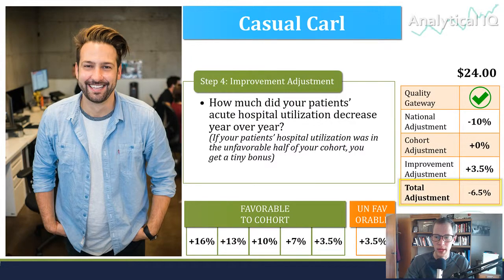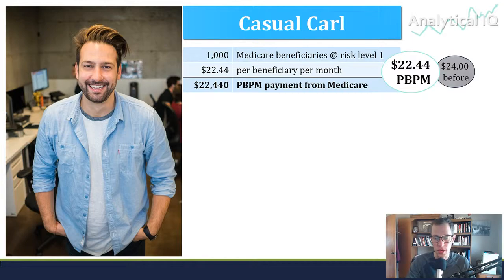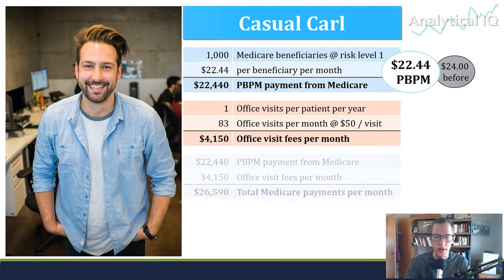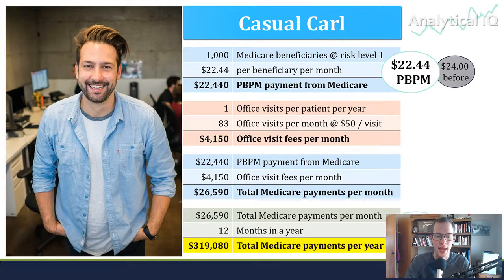So that would be a new per beneficiary per month payment of $22. So $22,000 a month from Medicare for his 1,000 patients. Same $50 per visit. So that would be now $320,000 from Medicare in year 2 compared to $340,000 in year 1.